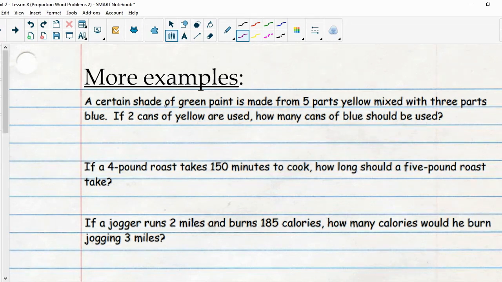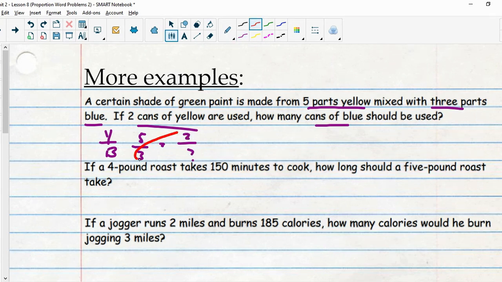A certain shade of green paint is made from 5 parts yellow mixed with 3 parts blue. If 2 cans of yellow are used, how many blue? So what are we comparing here? Yellow and blue, right? So 5 yellow is 3 blue. 2 yellow is how many blue?